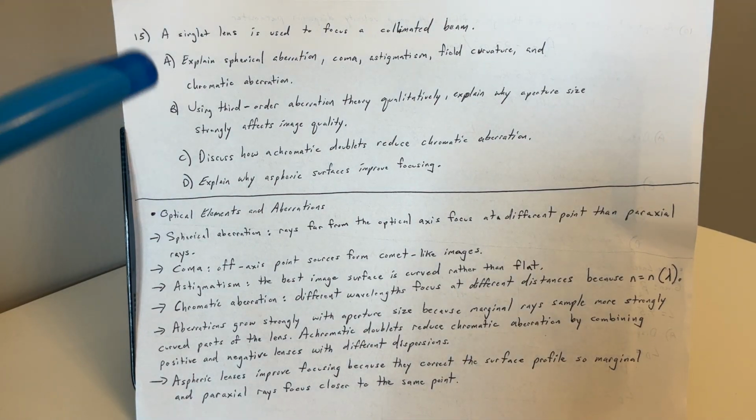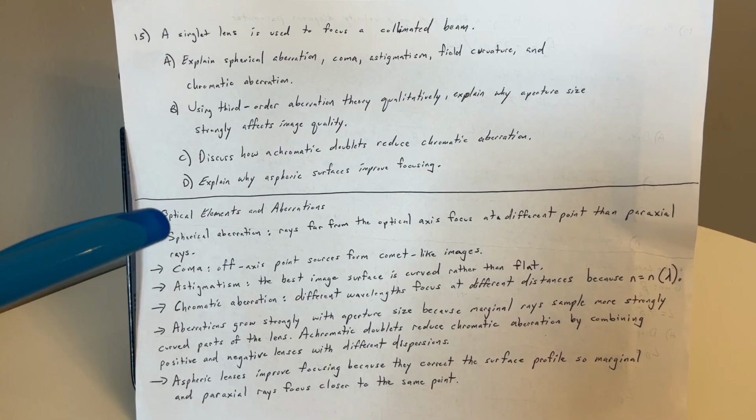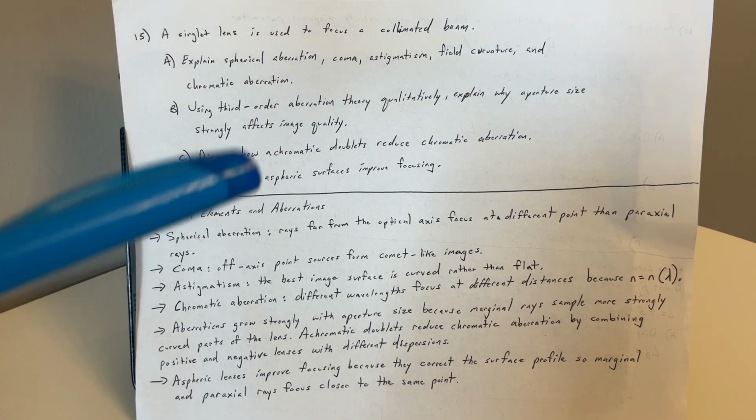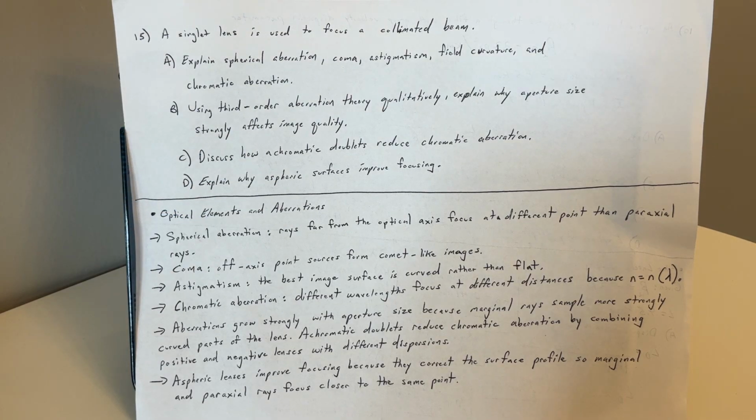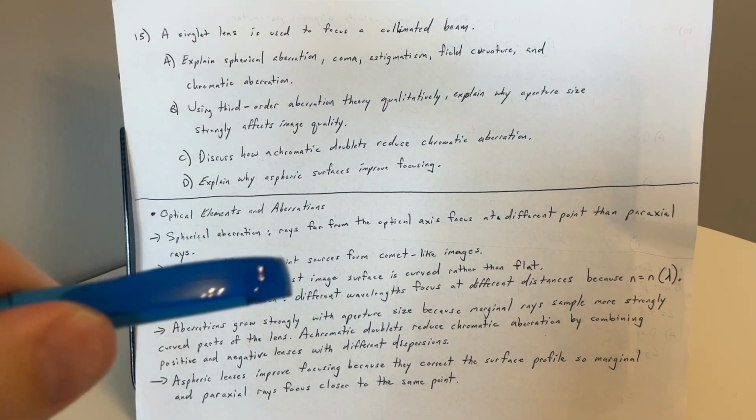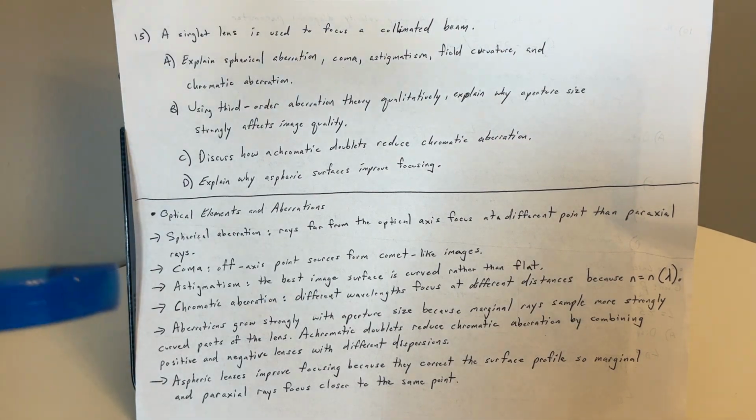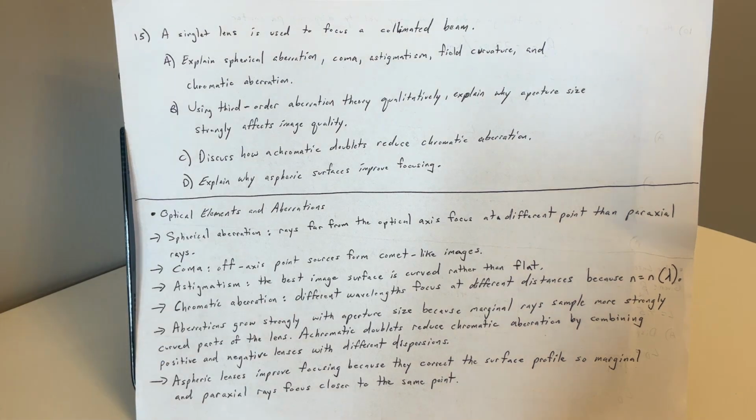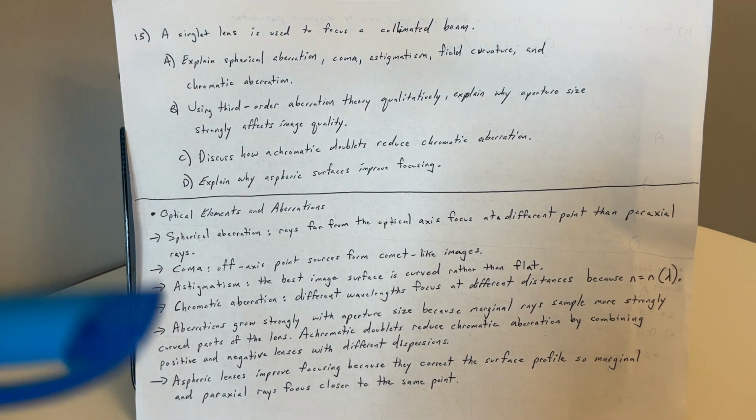Okay, so optical elements and aberrations. Spherical aberration: rays far from the optical axis focus at a different point than paraxial rays. Off-axis point sources form comet-like images. Astigmatism: the best image surface is curved rather than flat. Chromatic aberration: different wavelengths focus at different distances because n equals n of lambda.